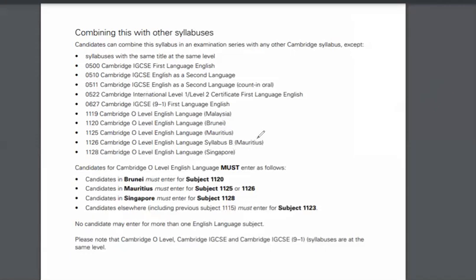As you can see, some of them are not available in our country, but there are certain ones, such as 0500 all the way till here. These are syllabi that we do at times combine our 1123 with.